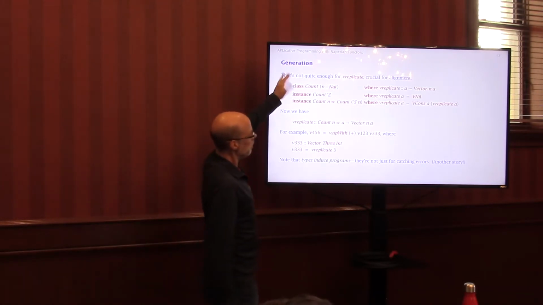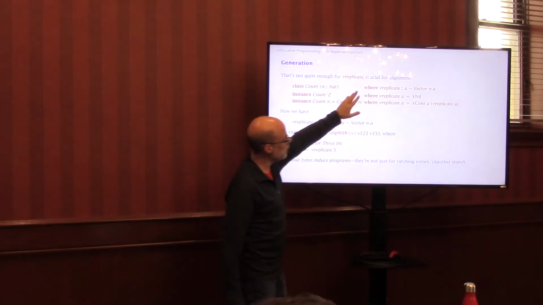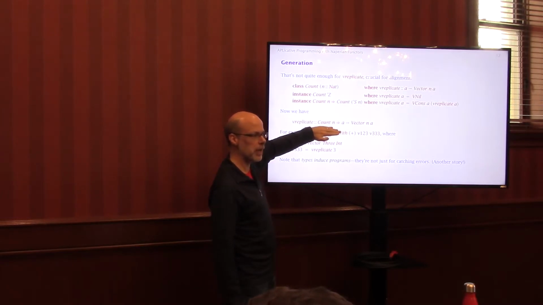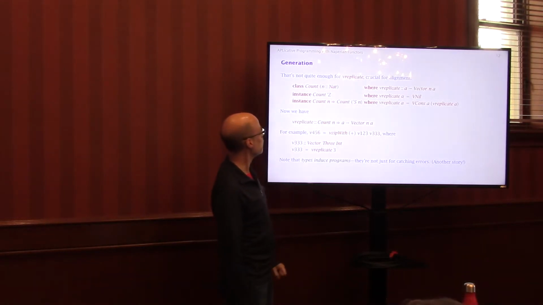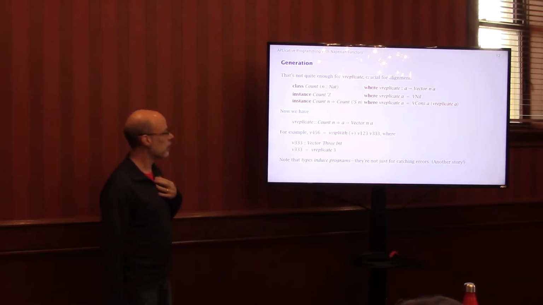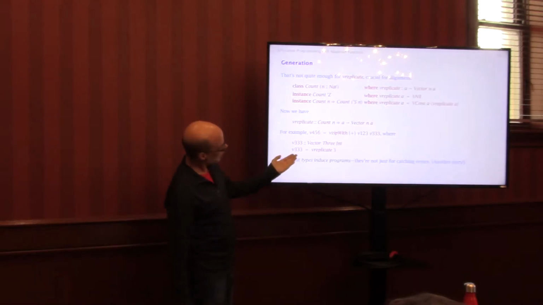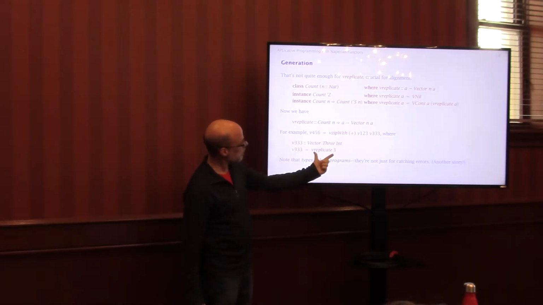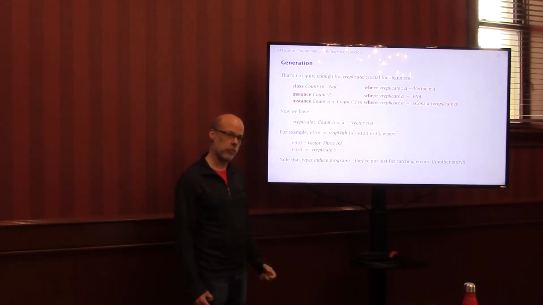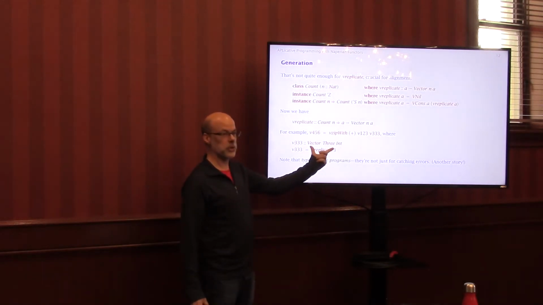But collectively, all these instances give me a way of turning an a into a vector of n a's for any count type n, which I can see, although Haskell can't, is any nat. So if I wanted a vector all of whose elements are 3, I can just say, give me the vector all of whose elements are 3, and which one of those I meant is determined by its type.